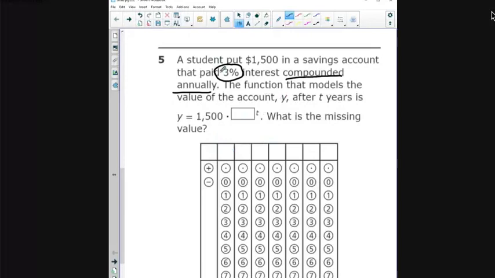If you're at 3%, the first thing is you have to decide, is this a growth or is it a decay? So what do you guys think? If you're getting interest, are you adding money or is money being taken away in a savings account?